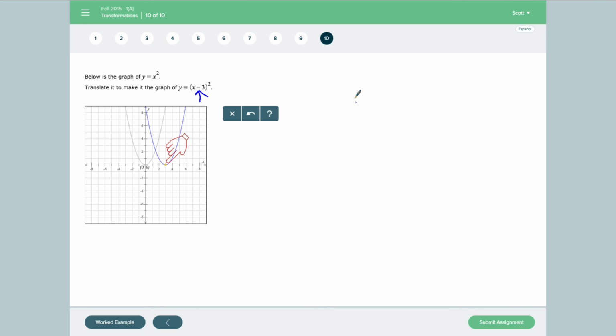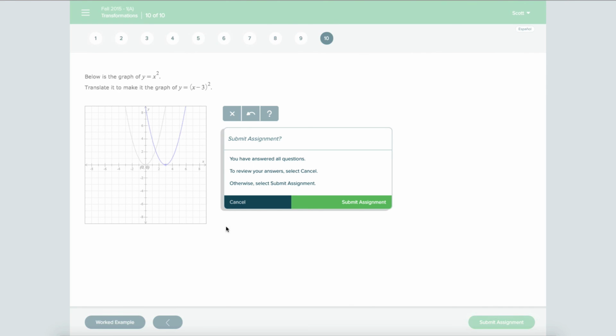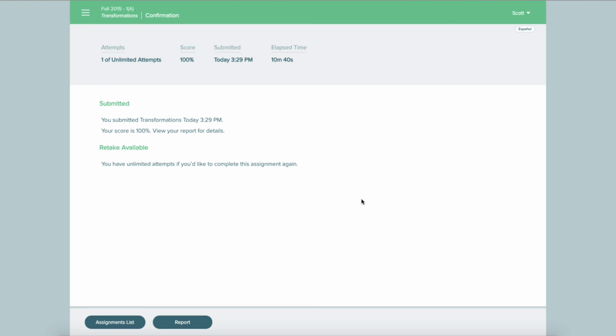Because if you remember, it's plus or minus, and that tells you which direction they move. Okay, so plus goes left, minus goes right. And that is how you do this assignment. It's much easier than it appears. Don't overthink it. You'll do just fine.